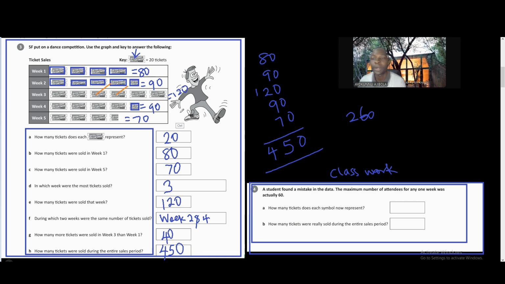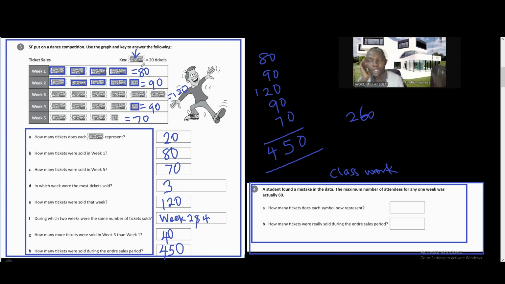In fact, it has passed 60, so it can never be 10. Okay, let's use 5. 5, 10, 15, 20, 25, 30, 35, 40, 45, 50, 55, 60. The rest has passed 60 also. We can't use 5.